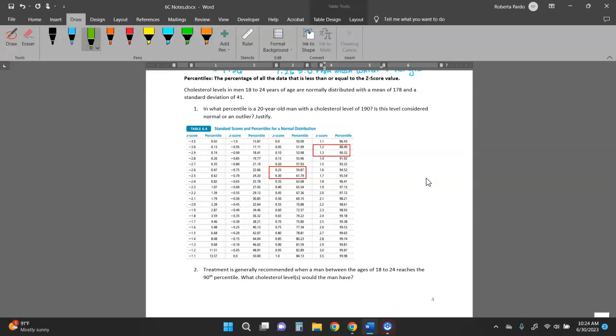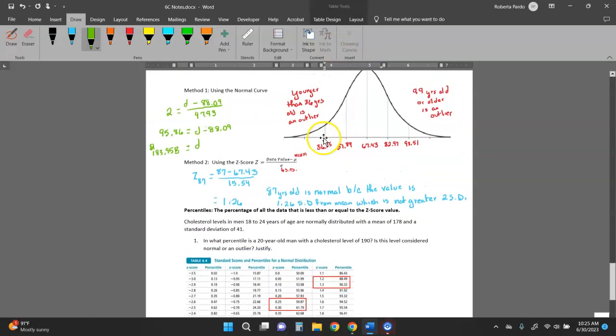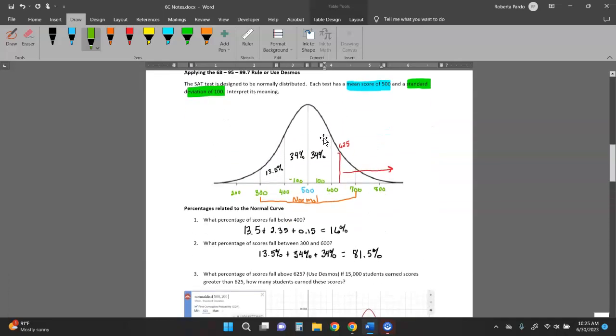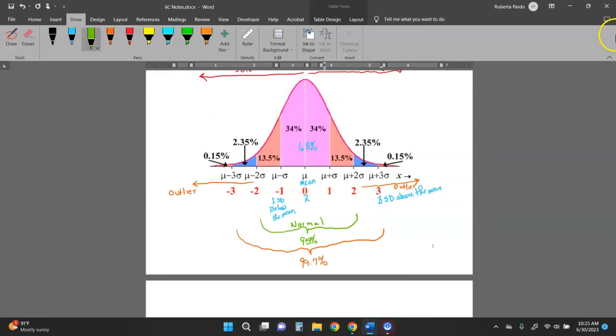And the percentile is the percentage of the data that is less than or equal to the z-score value. So if we're thinking about a normal curve, we're talking about the percentage of the data less than or equal to. So if we have that normal curve, and somebody is in a certain percentile, then they are going towards that direction in terms of less than or equal to a certain standard deviation.